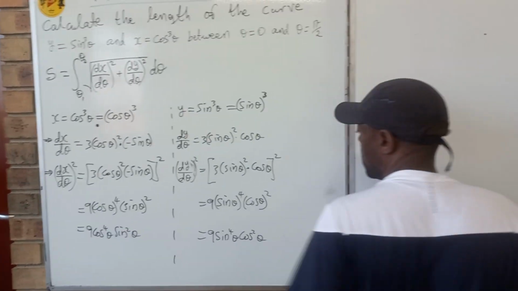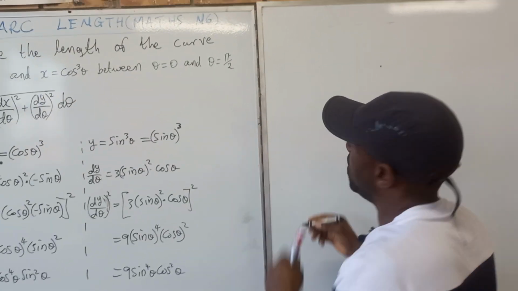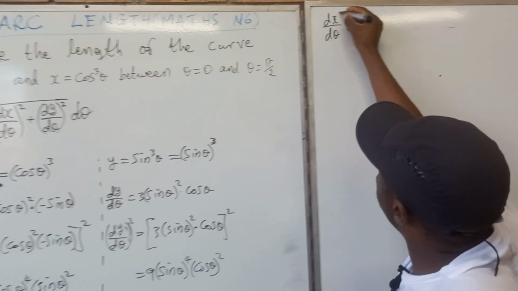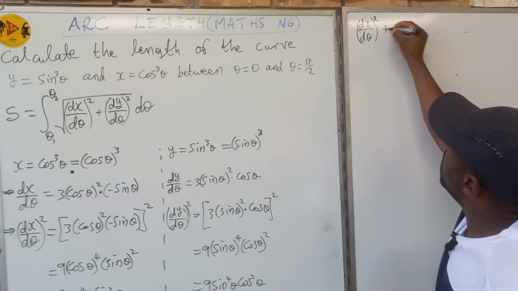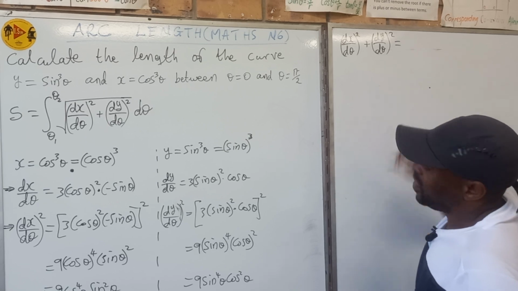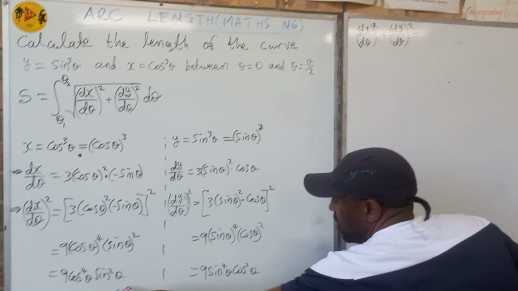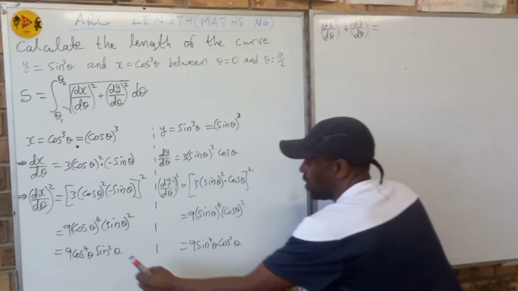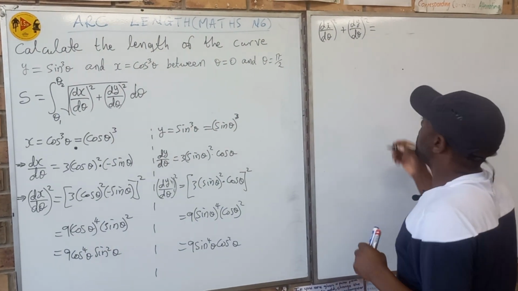Then it's now time to pull the two together with the help of the addition sign. So I get dx over d theta squared plus dy over d theta squared, and I'm adding these two. I don't know which one I should take first, but they are the same.